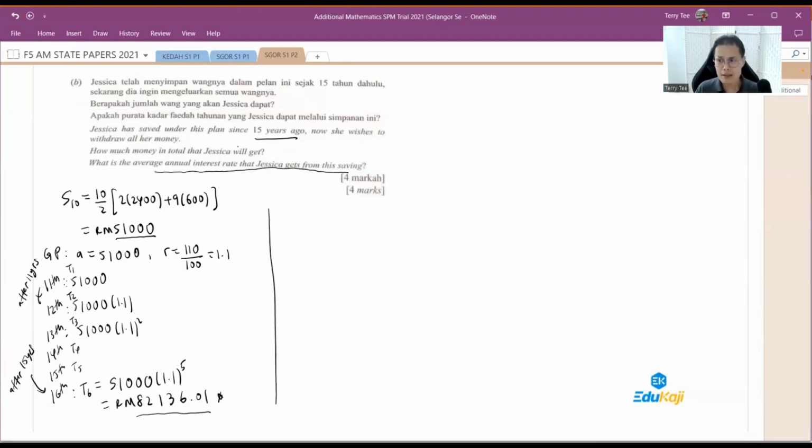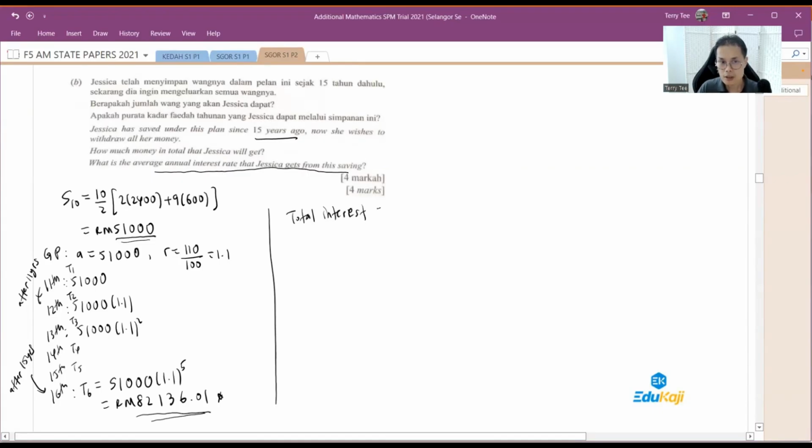In real life we normally use compound interest, but here they're using simple interest to calculate, which is not an accurate value, but it is an accurate way. So this is what they do. They take the amount of money you have at the end of the 15 years versus the amount of money you put in.